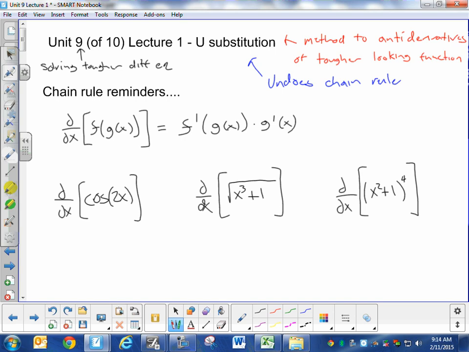Okay? So we can take the derivative of these three functions, right? So let's do that. We get negative sine 2x times the derivative of 2x.